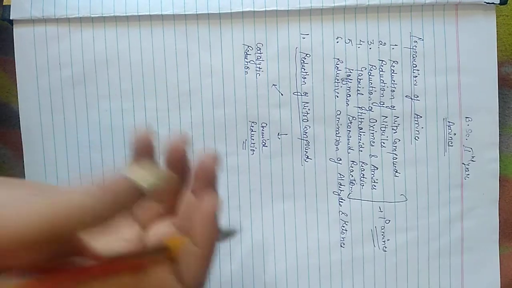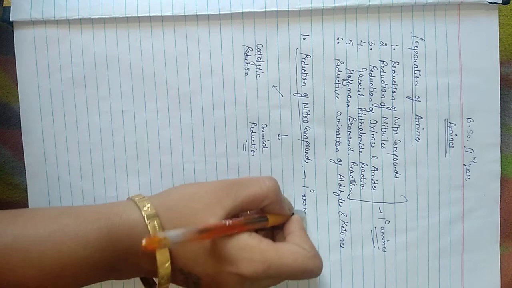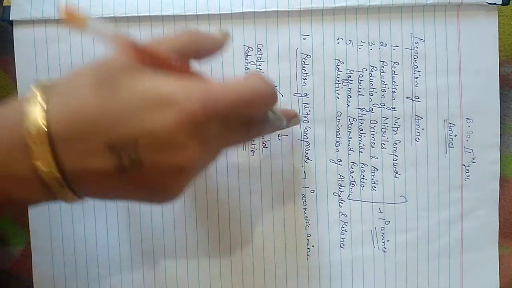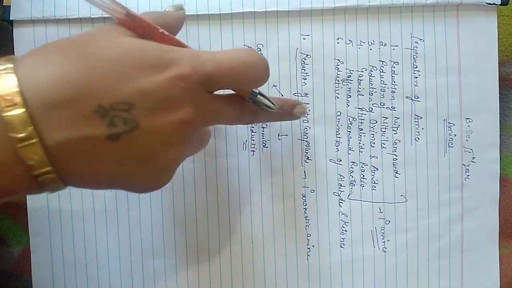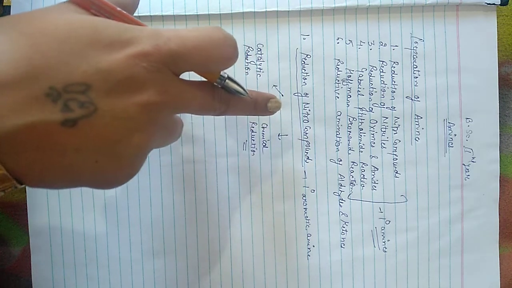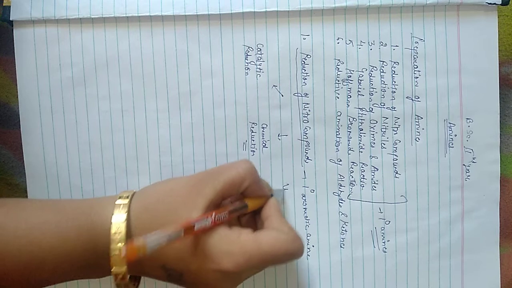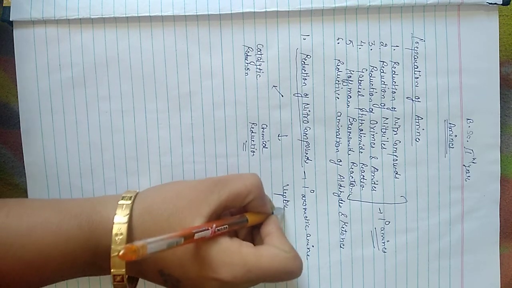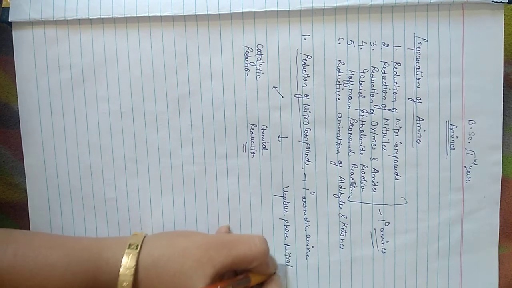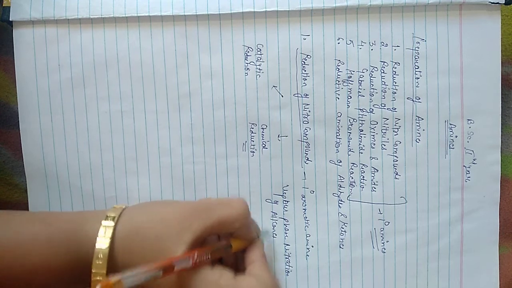This method is very important for the preparation of primary aromatic amines, because primary aromatic nitro compounds are easily available, and primary aliphatic nitro compounds can be commercially prepared by vapor phase nitration of alkanes. That is why this method is commonly used.